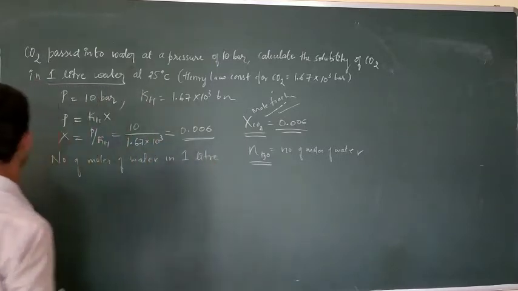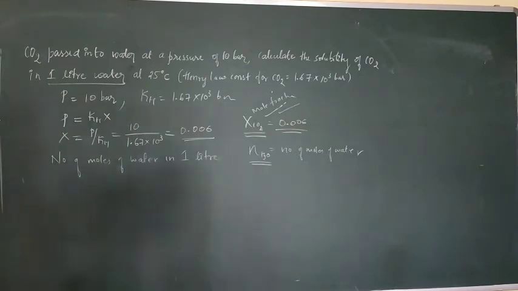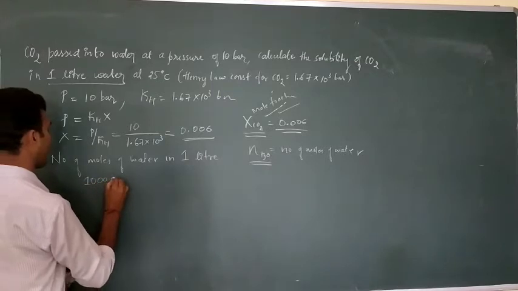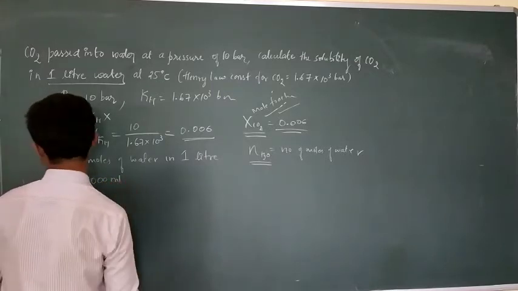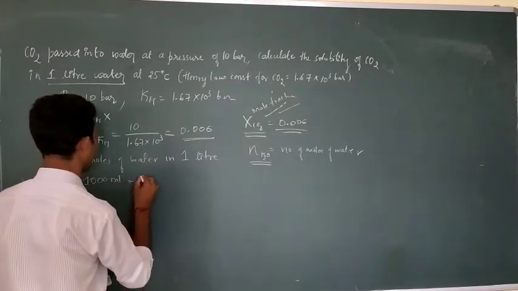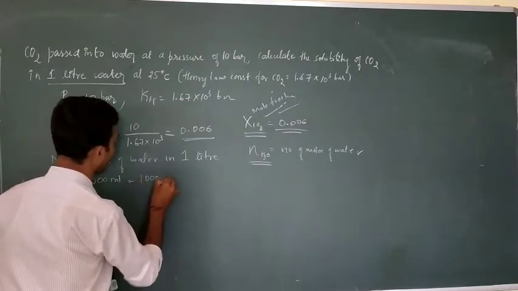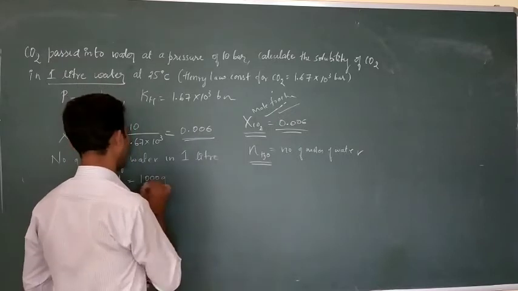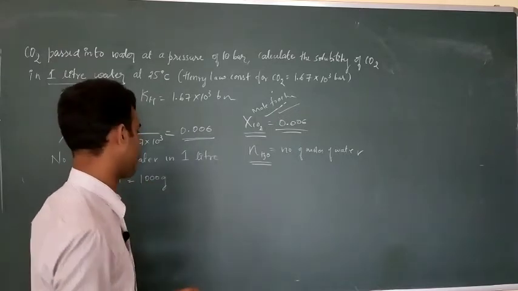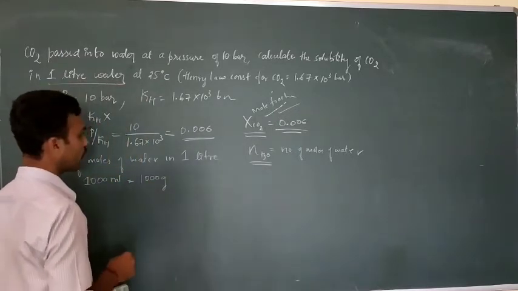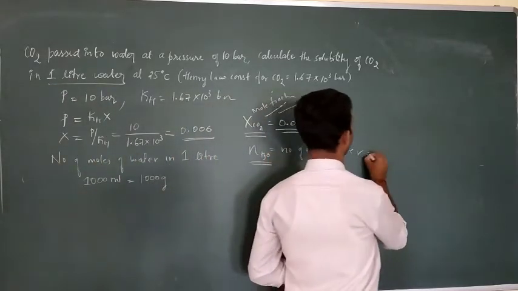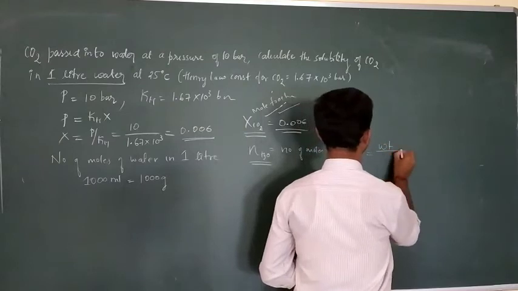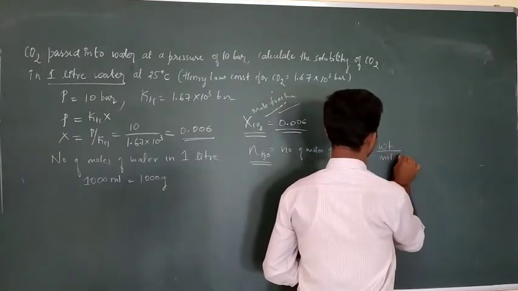So how many moles are there in 1 liter of water? 1 liter of water is nothing but 1000 ml, and with the same density, that is 1000 gram. So how many moles are present? For that, number of moles is weight divided by molecular mass.